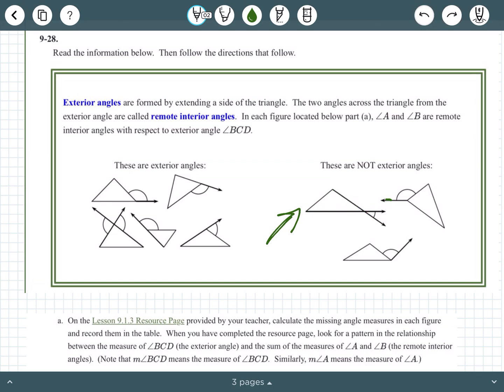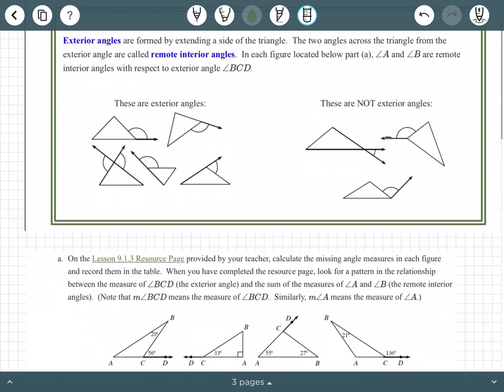So that angle they show you cannot be an exterior angle because it's connecting to both of the extended sides. Now, we could have one here, we could have one here, but the one that they give you is not an exterior angle. And finally, with this one, they do extend a line, but it's not in line with any of the sides of the triangle. So those are some examples of angles that are not exterior angles.